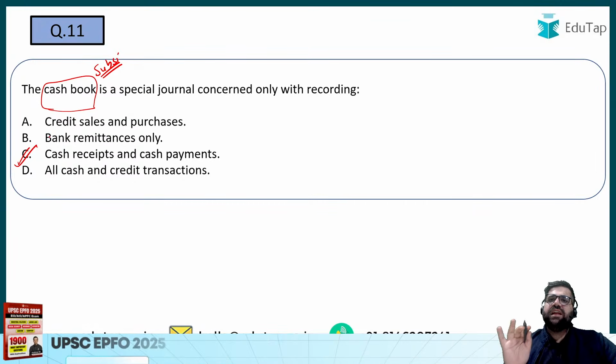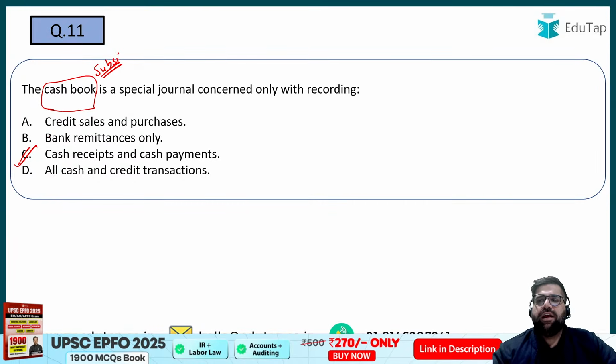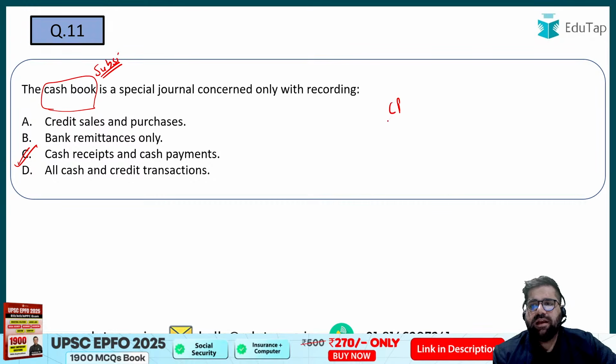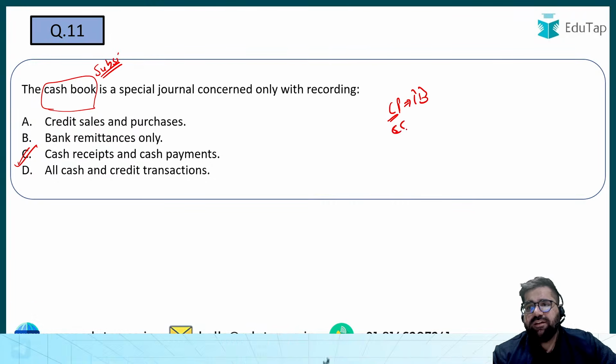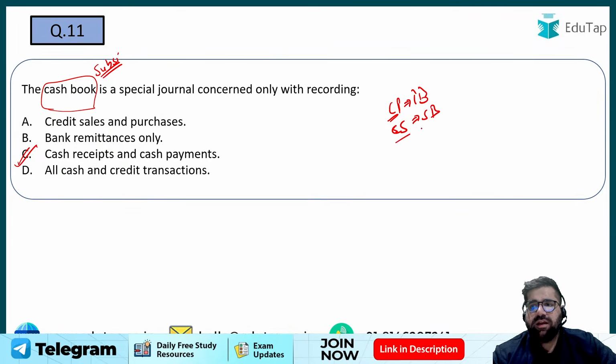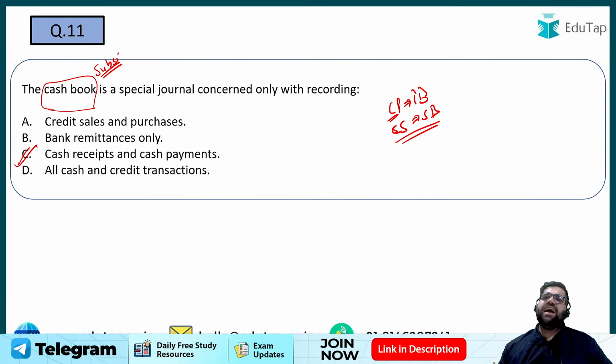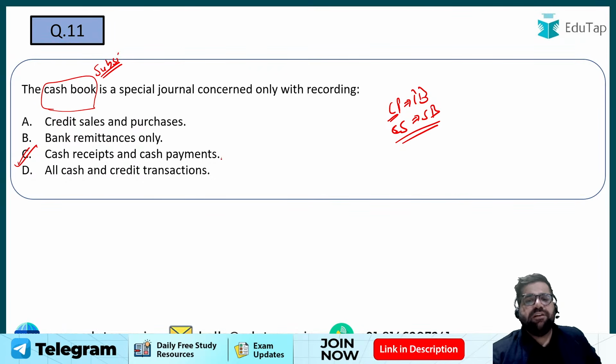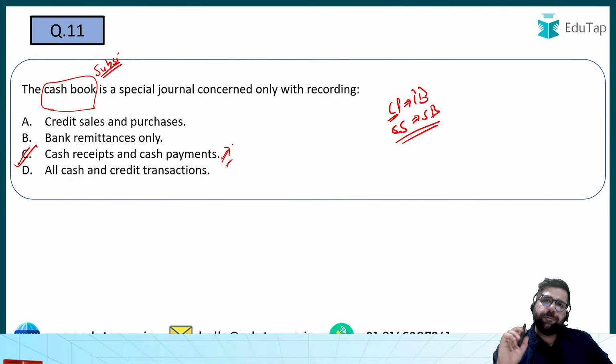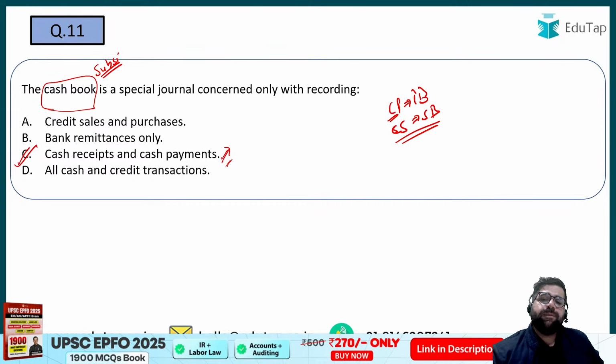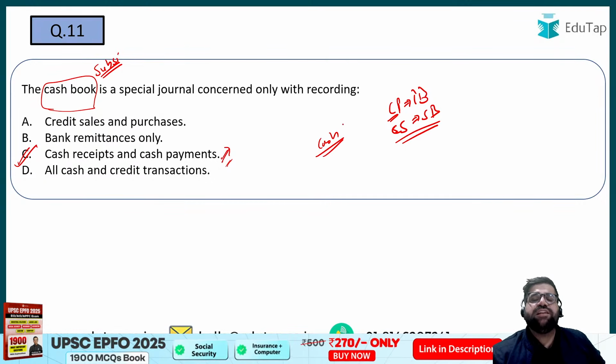Only cash. For credit I have different books like purchase book. Credit purchase will be recorded in purchase book. Credit sales will be recorded in sales book, right? But if I'm only dealing with cash, then I will be recording the transaction in cash book, right? Now there are two ways to make a cash book: single column and double column.